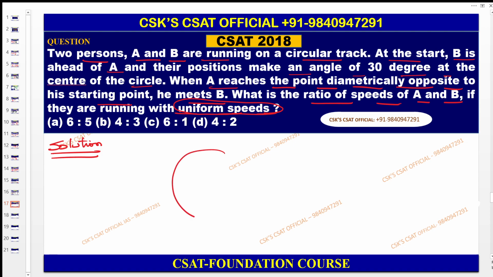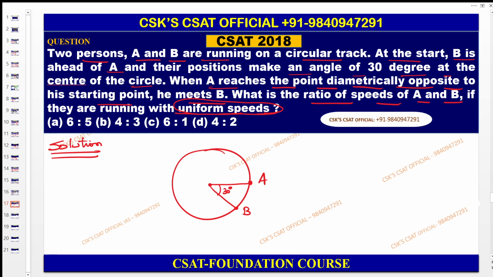Let me make a diagram here. This is the center. Let us take A starting here. If A starts here, B is 30 degrees ahead.